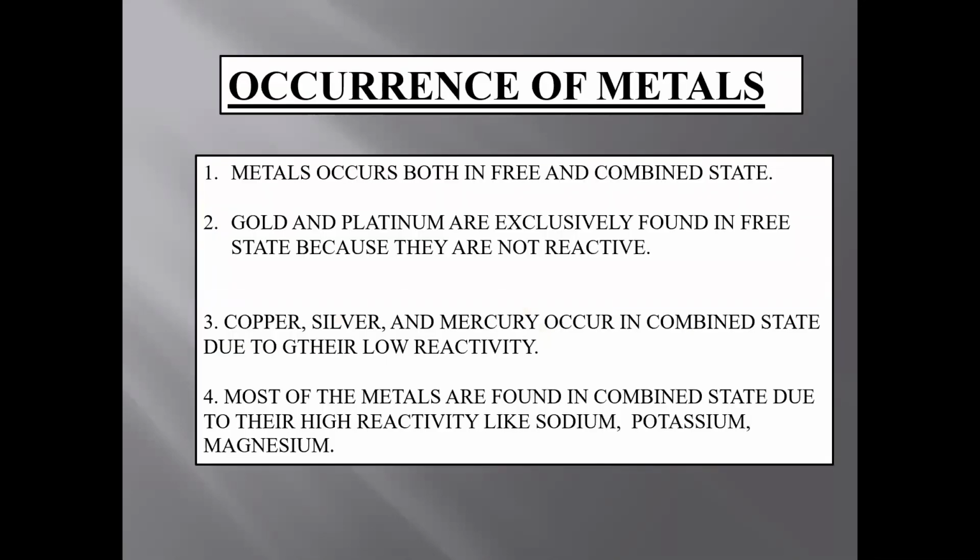Now metals occur in both free and combined state. Gold and platinum are exclusively found in free state because they are not reactive. That is why, students, the jewelry we make is generally made of gold and platinum. Why?